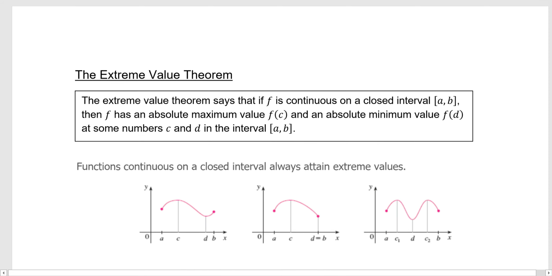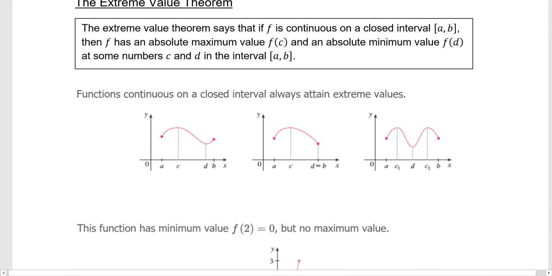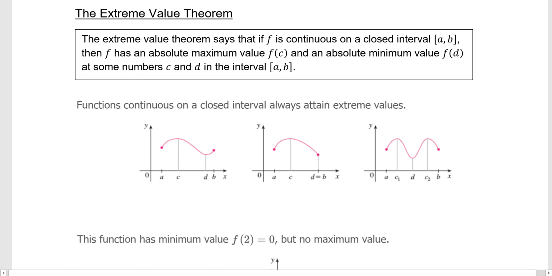So let's move on to a couple other things. The next thing is the extreme value theorem. The extreme value theorem says that if f is continuous on a closed interval, so just remember that a closed interval means the endpoints are included, which essentially means when we write it in interval notation, they have brackets.